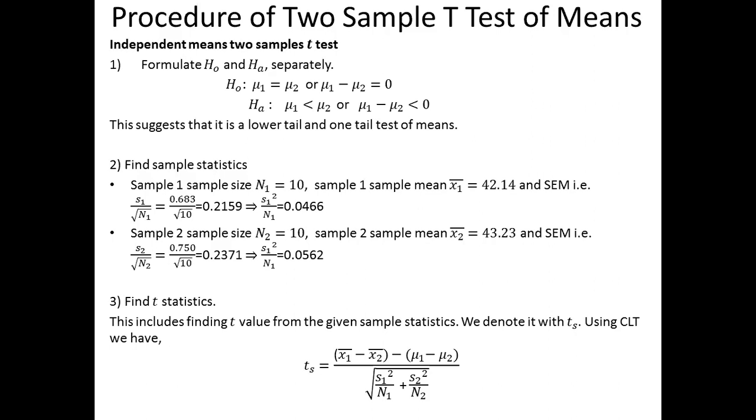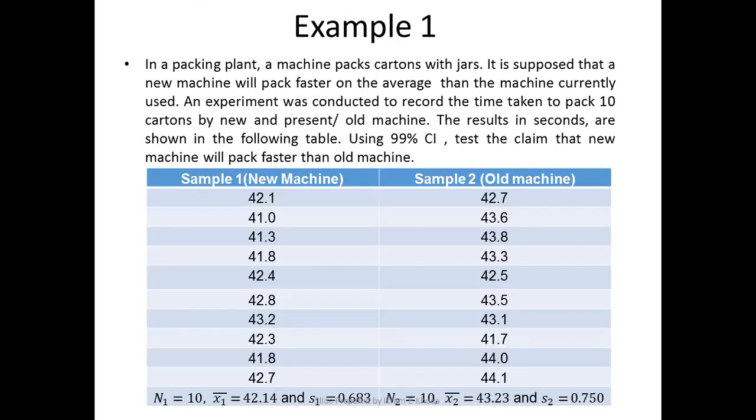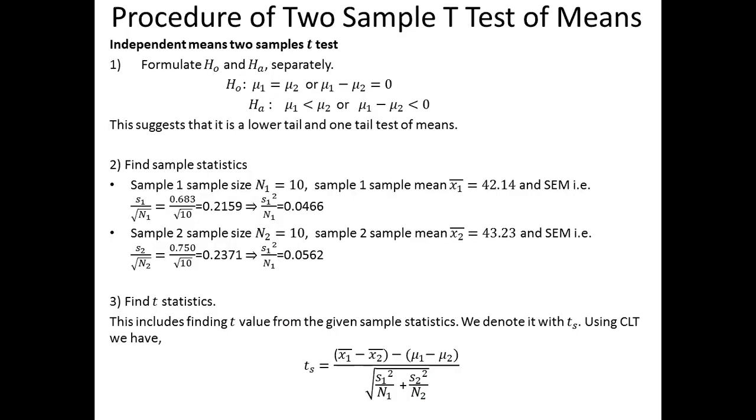Then the alternate hypothesis. Now, what should be the alternate hypothesis? The statement of the alternate hypothesis comes from the question. The question is that we have to test the claim that the new machine will pack faster than the old machine. Since these are all time values given to us in the samples, and we know that the lesser the time, the faster its operation is, therefore the alternate hypothesis is mu1 is less than mu2, where mu1 is the population mean for population 1, which is the population of new machines, and mu2 is the population mean for population 2, which is the population of old machines.